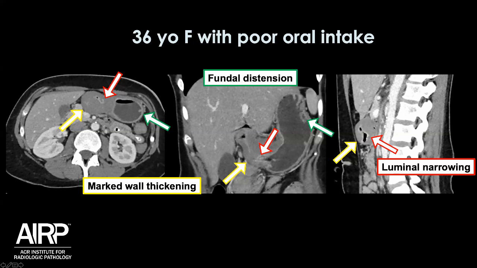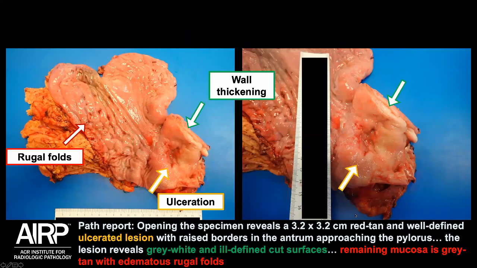So we have a mass. It has an area of ulceration. It has luminal narrowing. So our differential diagnosis would still be adenocarcinoma versus lymphoma. Arguing against lymphoma would be that there's not significant lymphadenopathy here. Eventually they did biopsy. They treated the patient preoperatively, and then were able to do a total gastrectomy.